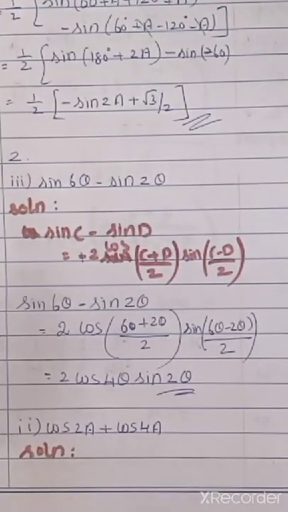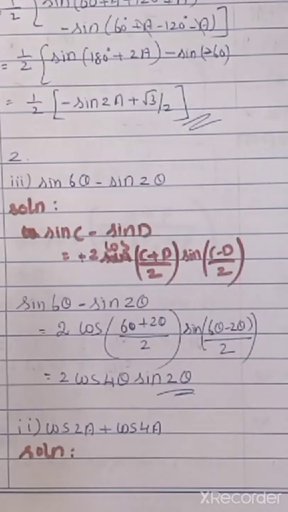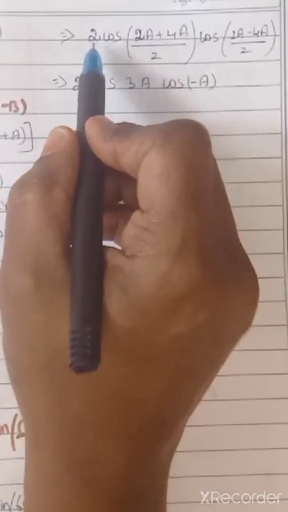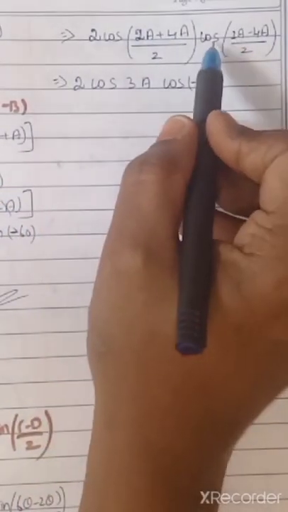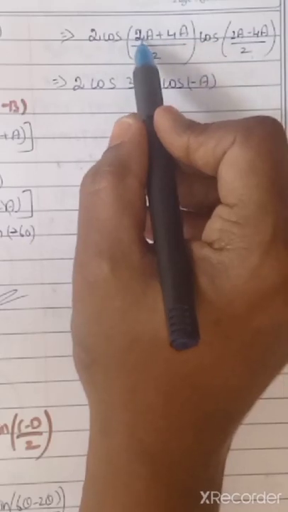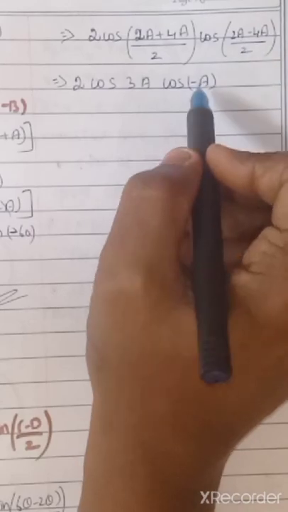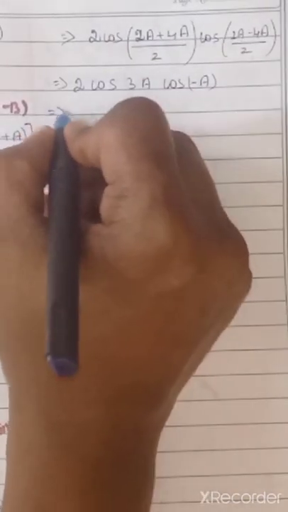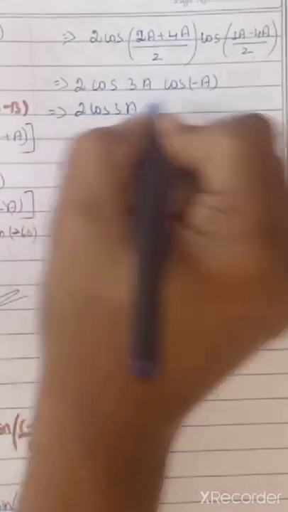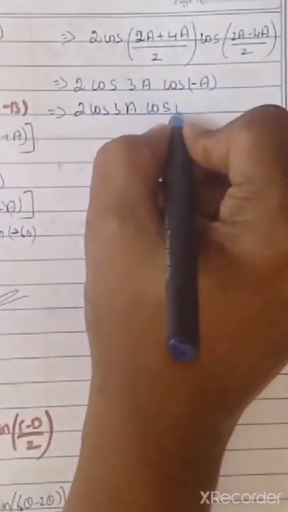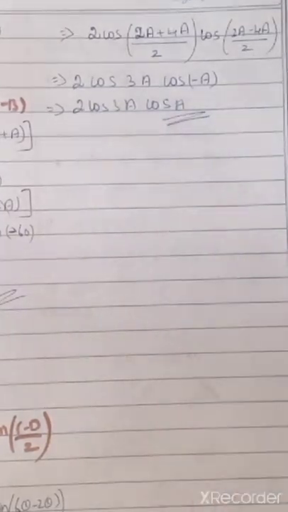Cos C plus cos D. So what is the cos C plus cos D formula? 2 cos((C plus D) by 2) cos((C minus D) by 2). 4 plus 2 is 6, 6 by 2 is 3. 2 minus 4, that is minus 2, by 2, is minus 1. So minus A. Which implies 2 cos 3A cos(minus A). Cos of minus theta is cos theta. So 2 cos 3A cos A is your final answer.